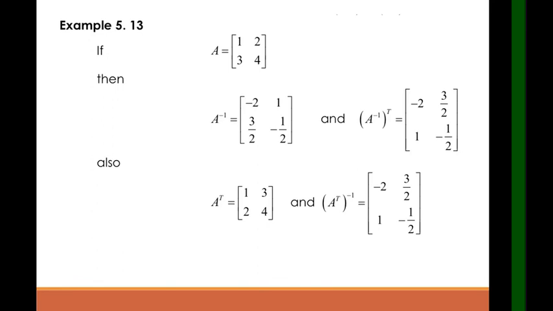Ayan, example, A is equal to 1, 2, 3, 4. Then the inverse of A is equal to negative 2, 3 over 2, 1, negative 1 half. O saan natin nakuha yun? Yun yung na-solve natin kanina.